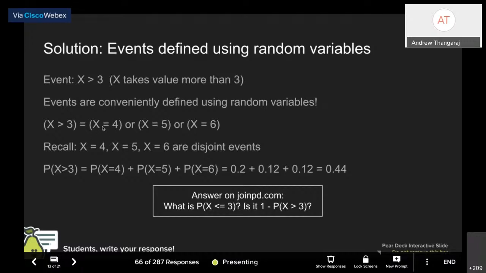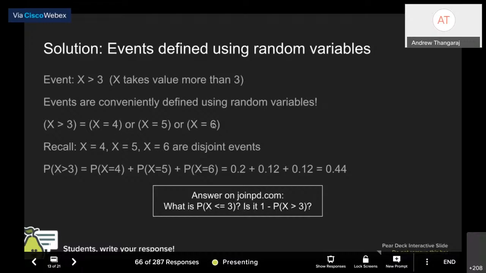A random variable is a proper function, so one outcome can give you only one value for the random variable X, it cannot give you two values. If an outcome gave you 4, the same outcome will not give you 5 or 6. So these are disjoint events in your probability setup.